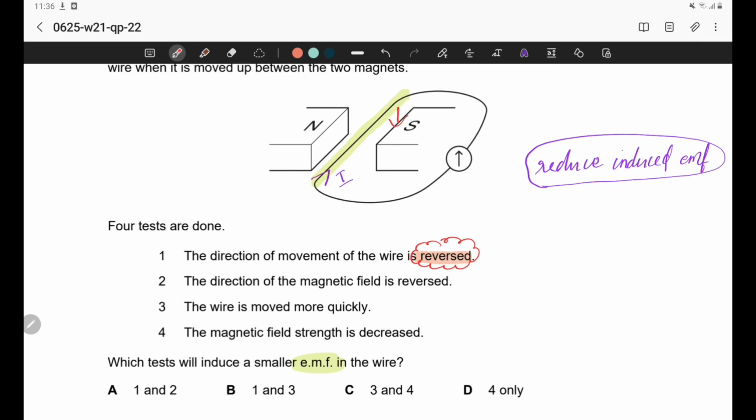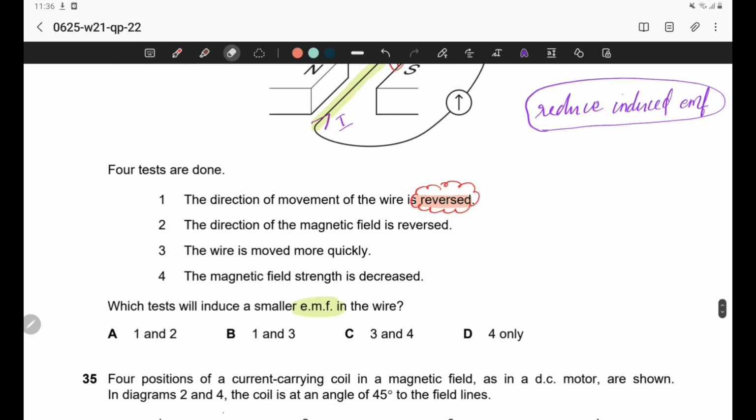That means initially it produced plus 3 volt of EMF. Then when you reverse, it will produce 3 volt EMF only, but in the opposite direction. So it will be minus 3 volt. So it simply changes the direction but does not reduce the EMF.